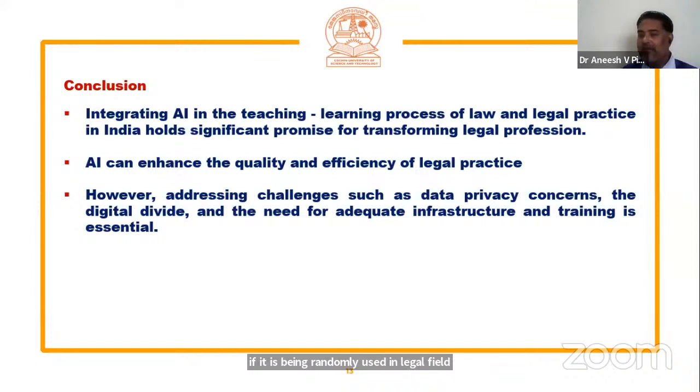There has to be a proper guideline, like the ICMR guideline for the use of AI in the medical field, or WHO's guideline for AI. So, like that, if our government can come up with a regulation which deals with the use of AI in the legal sector, it can, to an extent, avoid the problems or concerns raised by AI.